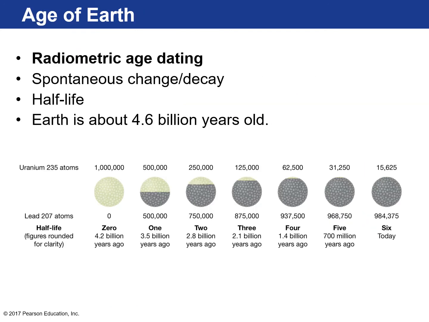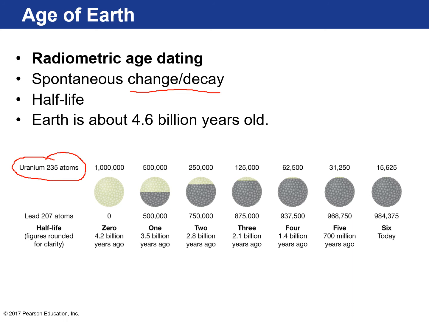Okay, the Earth is 4.6 billion years old, and we know this because of radiometric age dating. Okay, that's the spontaneous decay of radioactive elements. All right. As one example is uranium-235.